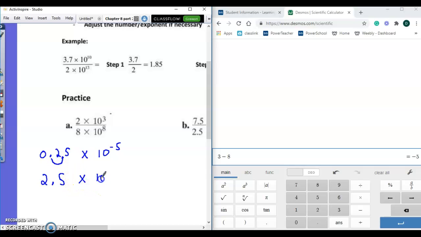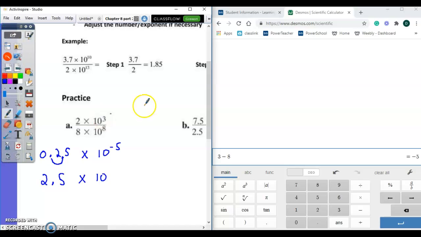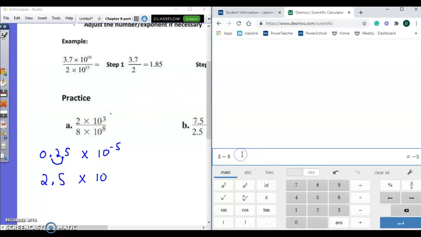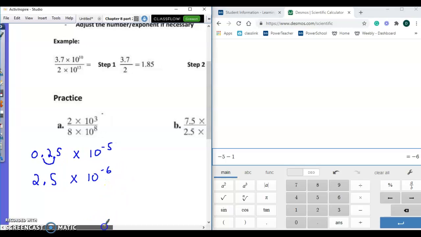So times 10, and if we move it over 1 to the right, what we are doing is then subtracting 1, or that many spaces, however many spaces we needed to do. So we are going to subtract 1 from 5. So negative 5 minus that 1 space we did gives us that negative 6, and that becomes the new exponent.